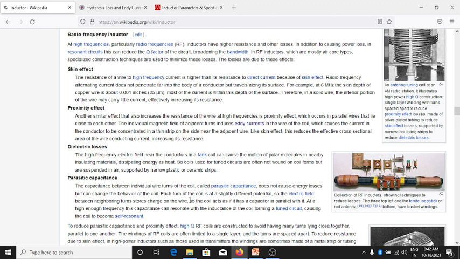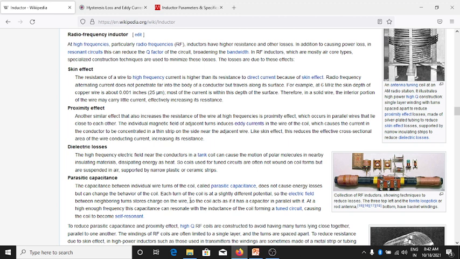Next is proximity effect. Another similar effect that also increases the resistance of the wire at high frequency is proximity effect, which occurs in parallel wires that lie close to each other.